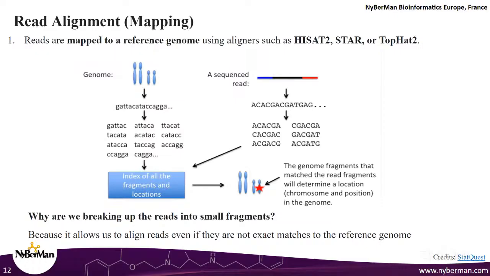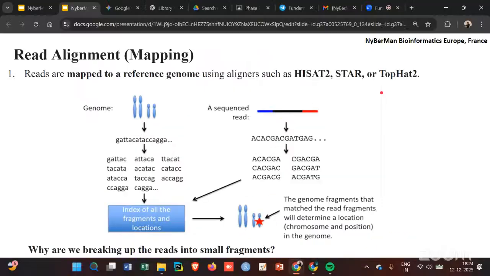You try to match the letters. If you have this long thread and you have this read, you try to match it. Maybe in this region I see this sequence ACACGA, so maybe this read came from this region in my thread. Or more technically, this read originates from this region within my human reference genome. Does that make sense to you?